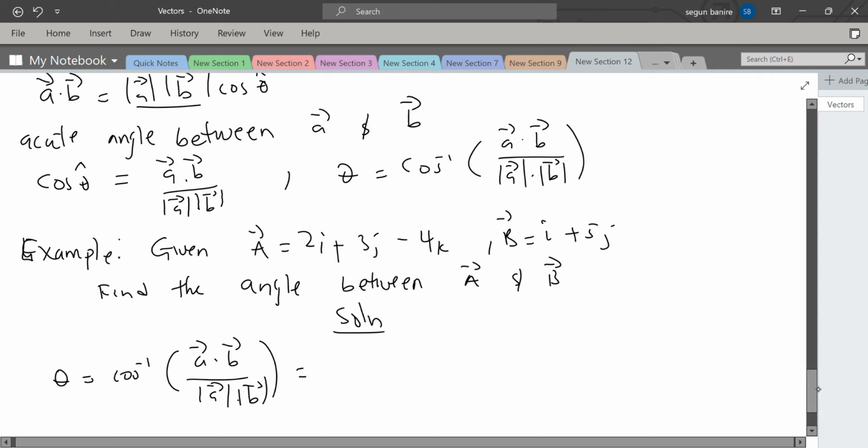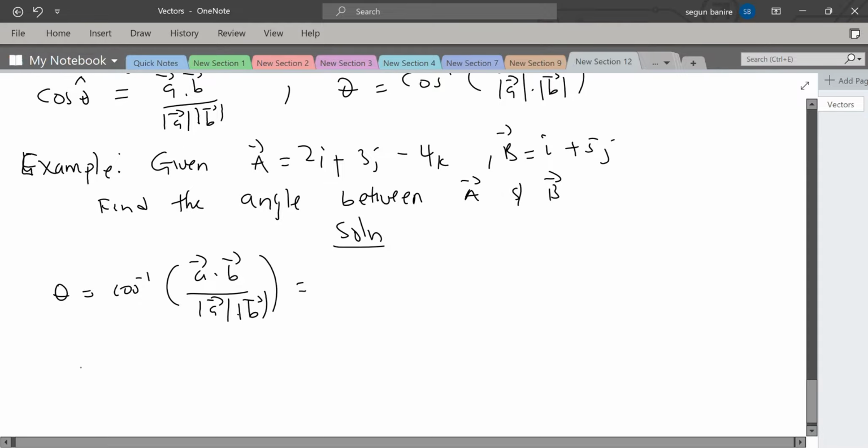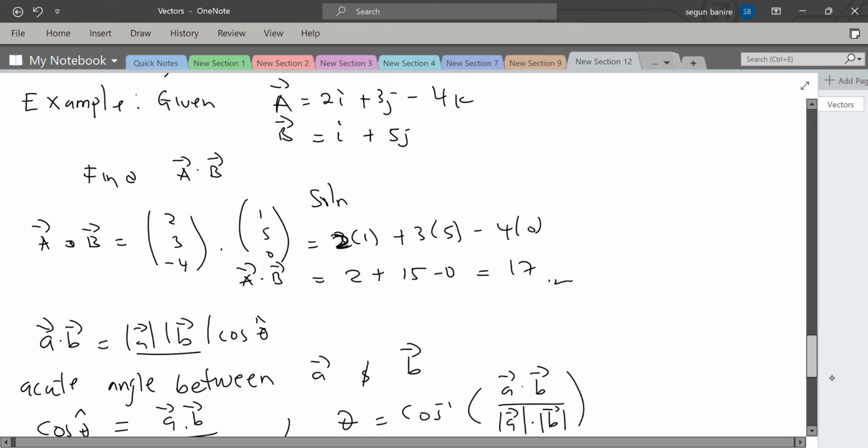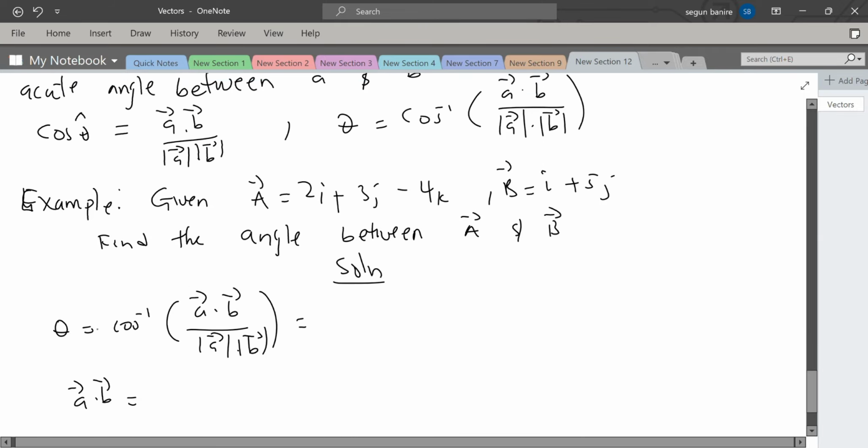Okay, so how do you find the magnitude? A dot B, we've done it before in the previous example. A dot B, we get 17. So I'm just going to use the 17. The magnitude of A will be the square root of 2 squared plus 3 squared plus minus 4 squared.